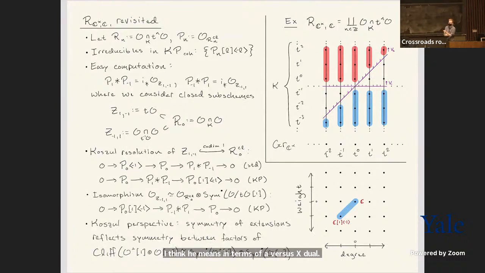Let me reframe a version of that question. You have a bunch of monoidal categories, and you're told to expect that these canonical bases give you some cluster structures. Are they A or X or something else? The answer seems to depend on the details of how you set up G and N.